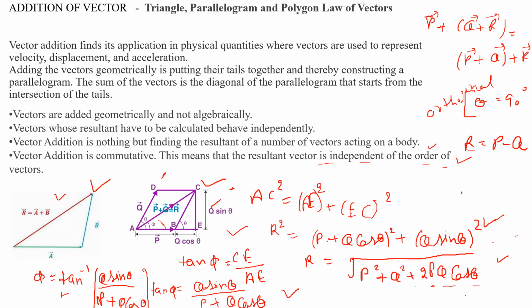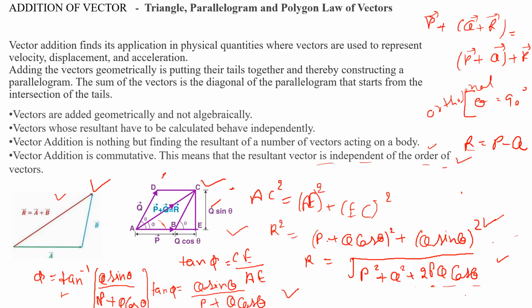So the minimum number of unequal vectors whose sum can be 0 is 3. We can say that in case of 3 vectors, the resultant may be 0, and it will be only when one vector is equal to the negative of the sum of the remaining two vectors. This means the vectors are coplanar.